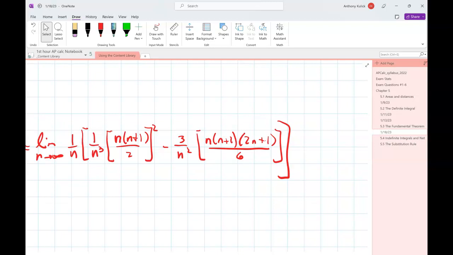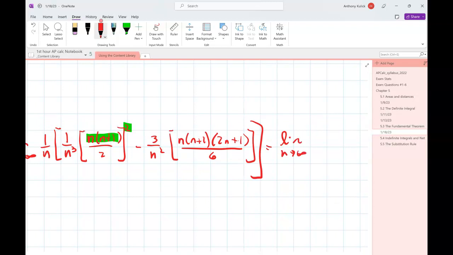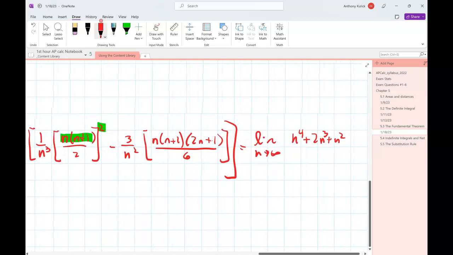Okay, so now all I need to do is try to evaluate this limit. I'm going to do some cleanup in order to make that a little bit simpler. So I'm going to go ahead and FOIL this thing out. And then I'm also going to FOIL out the other one. So that's going to be n to the 4th plus 2n cubed plus n squared over 4n to the 4th.